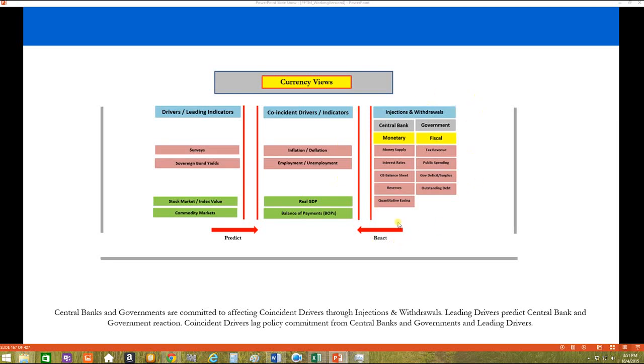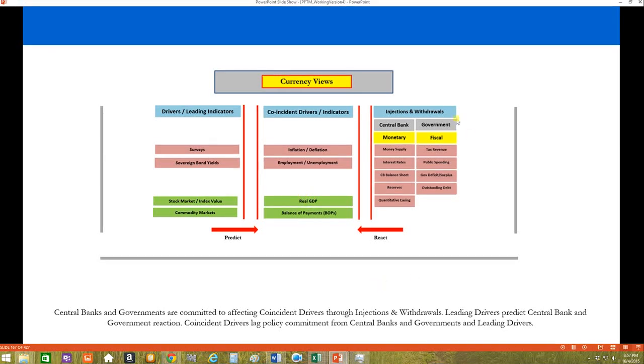Central banks and governments react because they are politically and economically committed to ensuring a certain level of inflation, ensuring that there is a high level of employment in the economy, ensuring that there is a good balance of trade in the economy, and overall a good and constant level of real gross domestic product growth.